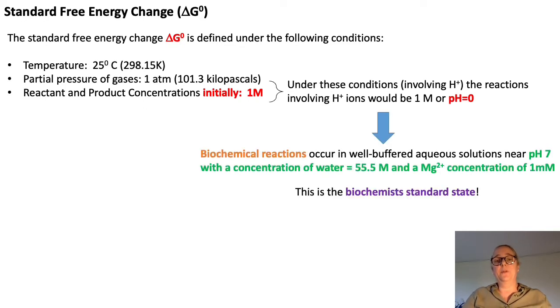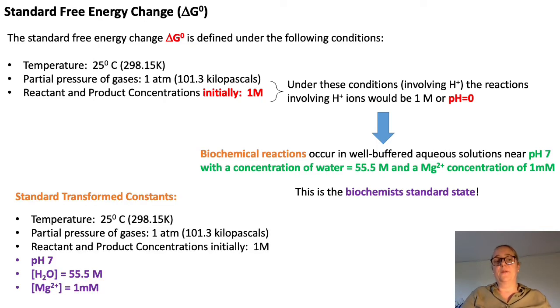The biochemical reactions occur in a well-buffered aqueous solution near pH 7, with a water concentration of 55.5 molar and magnesium concentration at 1 millimolar. This essentially is the biochemist's standard state.